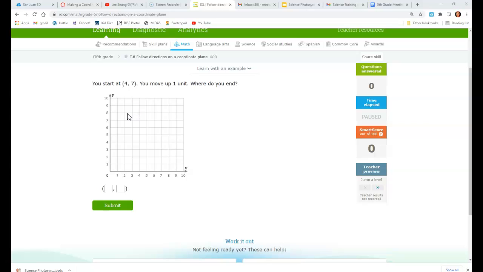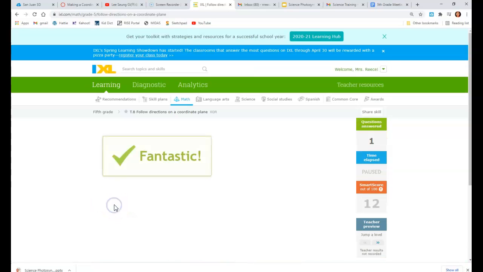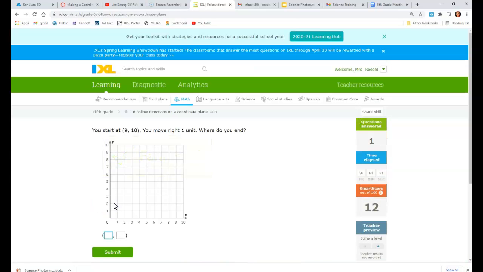And now, if I look across, I can see that this y coordinate is 8. So my new coordinates are going to be 4, I'm still on the 4, 4, 8, and then I submit.